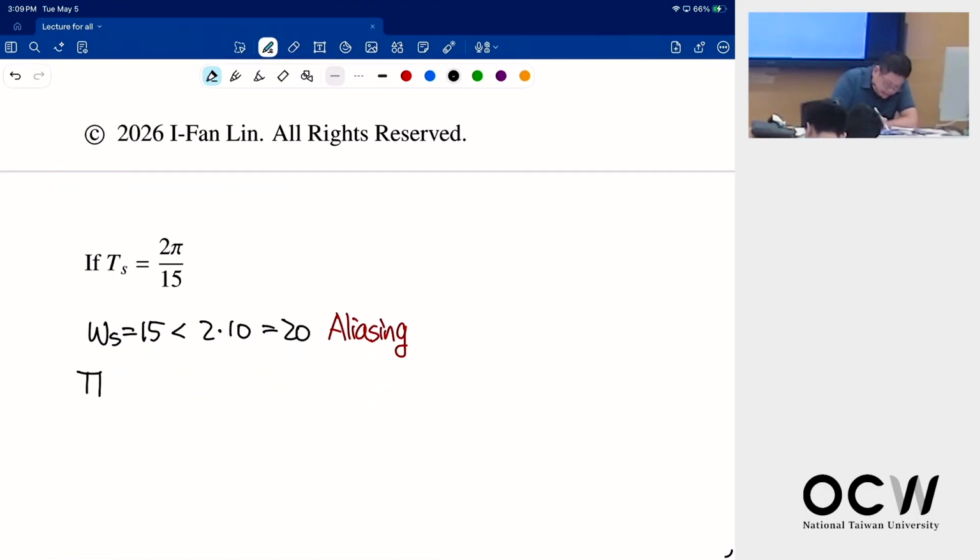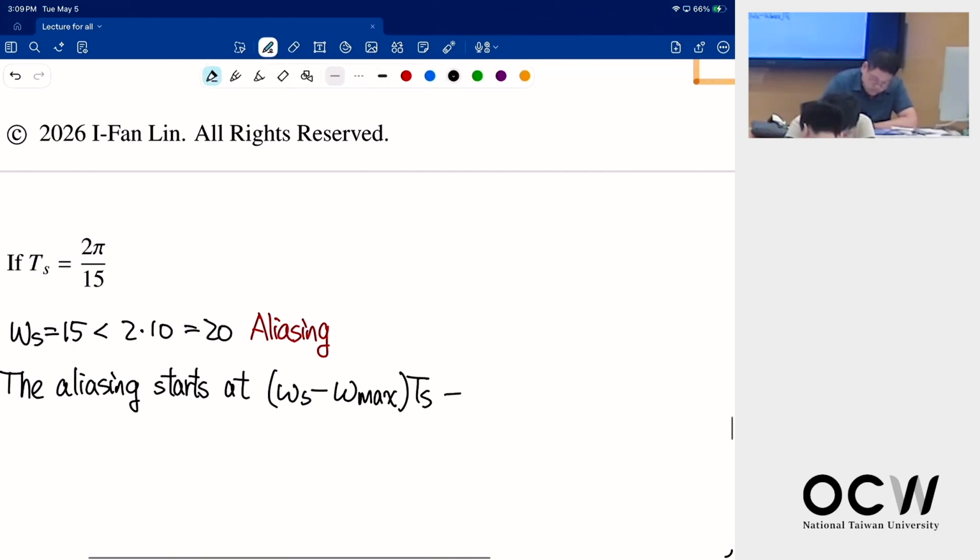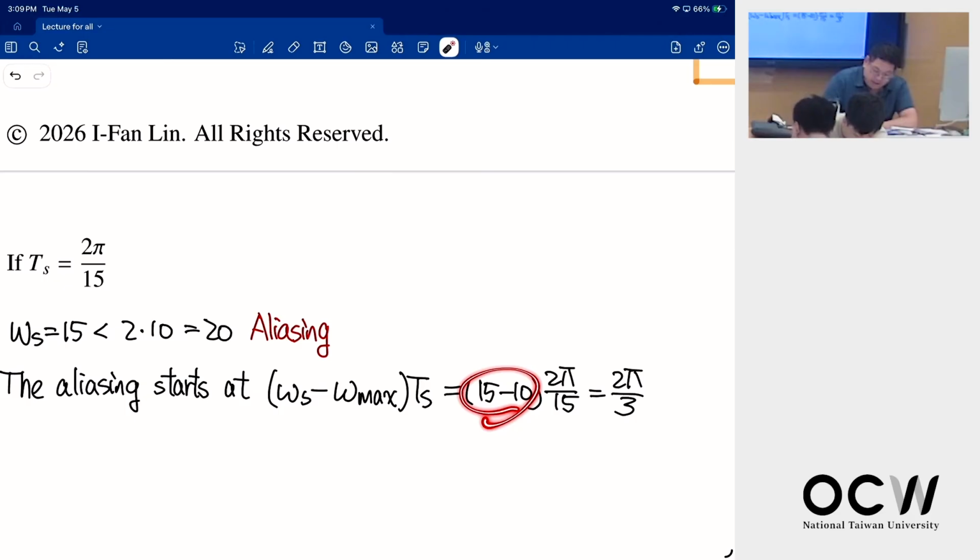So the aliasing starts at omega s minus your bandwidth times Ts, which is 15 minus 10 times 2 pi over 15, which is 2 pi over 3. So it starts at 5, and also in your DTFT plot, starting at 2 pi over 3.